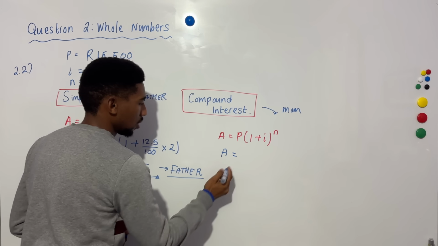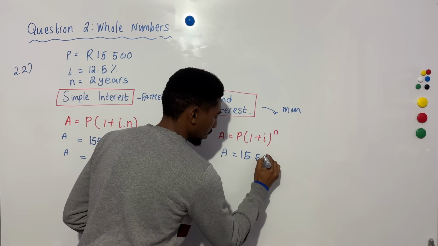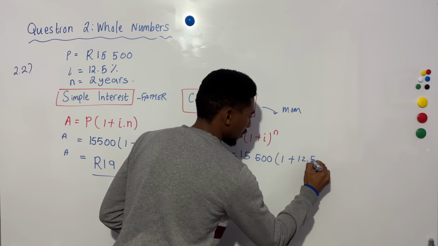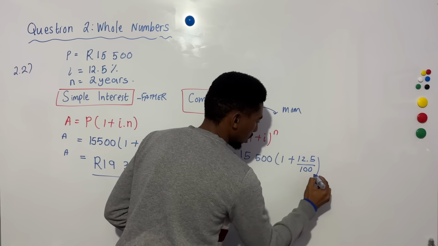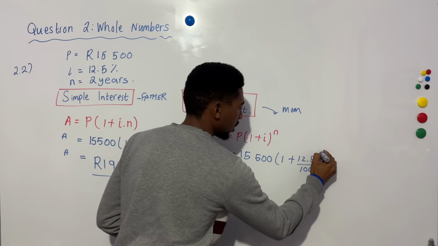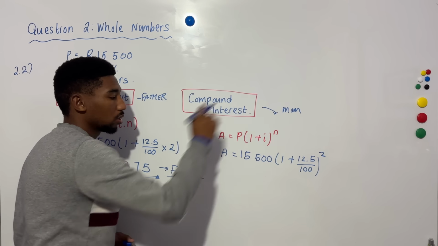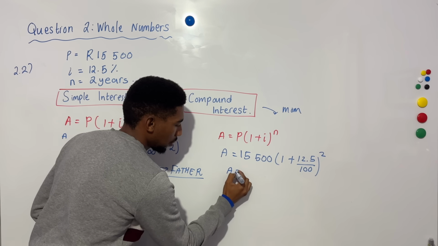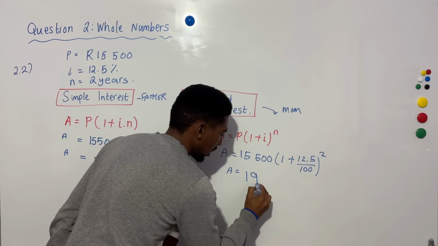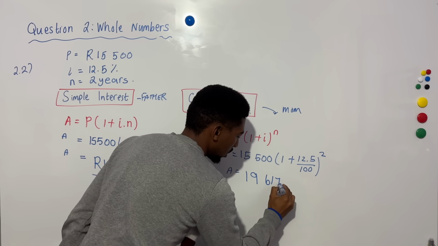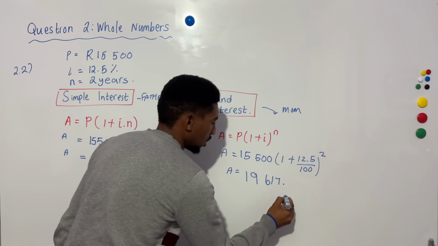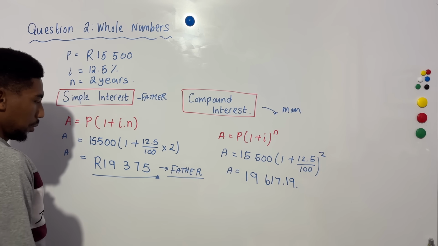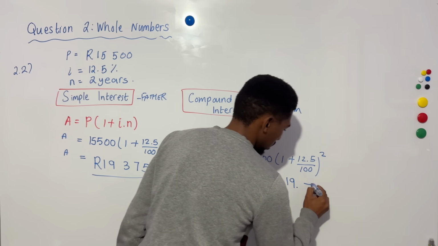So our principal amount, which is 15,500, brackets, 1 plus again 12.5 over 100, and that is to the power of 2. We substitute that into the formula, we get an answer of 19,617.19.